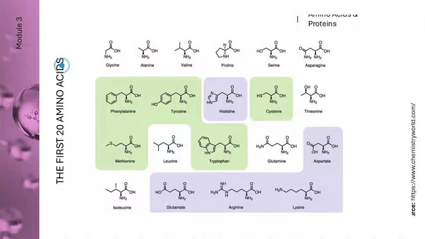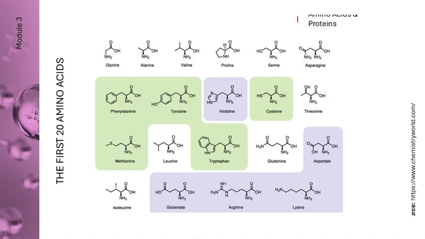So at this point, we will need to learn the first 20 amino acids. We're going to be learning them, and like I said, we need to memorize them. But first, we can go through them one by one. Then I will show you the different ways of learning them easily.